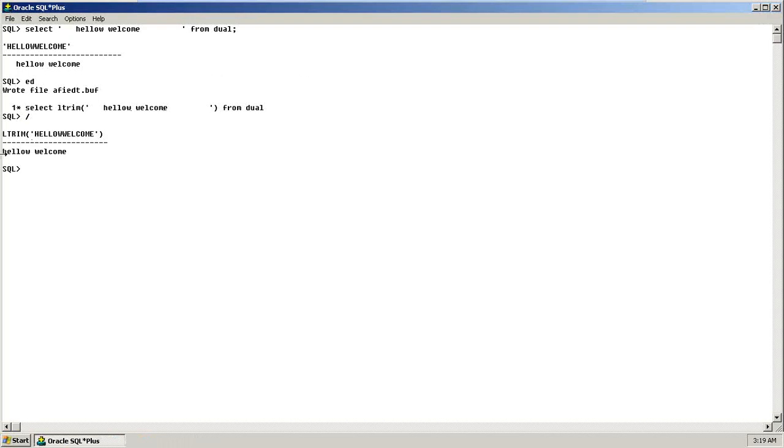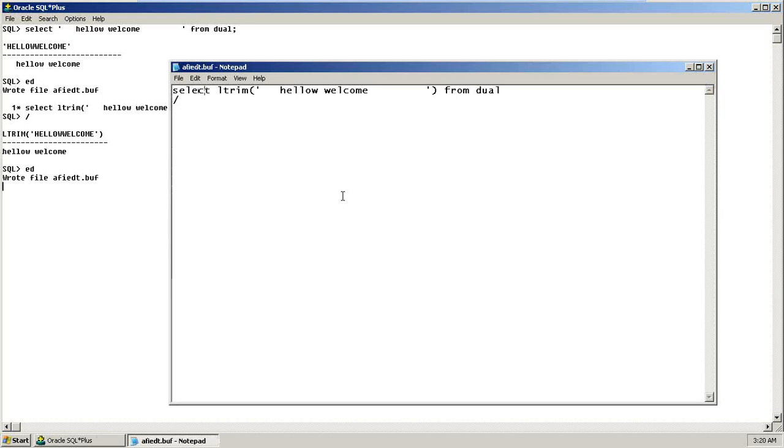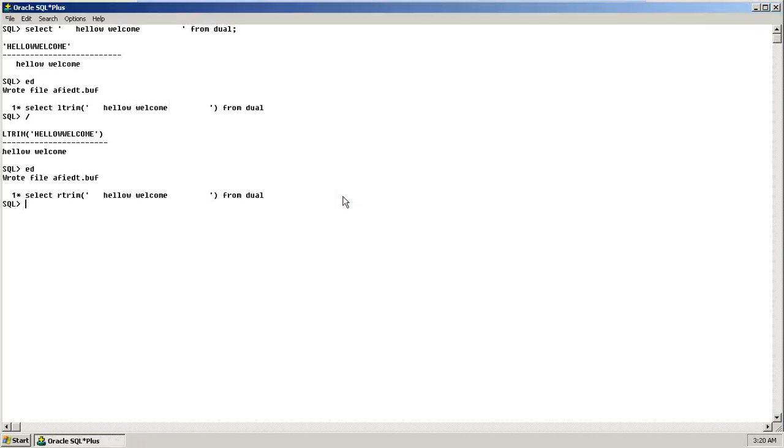See, now left side blank spaces are eliminated, but still right side blank spaces are there. RTRIM is the function to eliminate right side blank spaces.